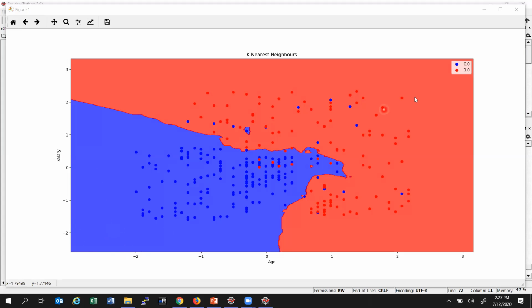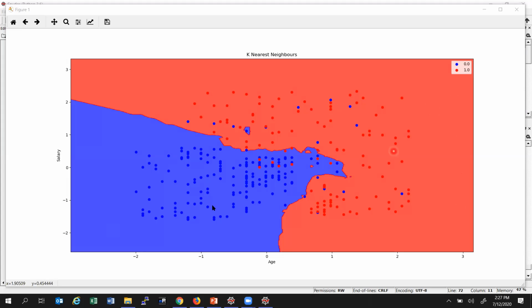Now if I put my cursor on the right-hand side, any pixel in this whole red area has some value of age and some value of salary, and for those two values this person is going to buy the SUV. That is your predicted region, the blue region and the red region.